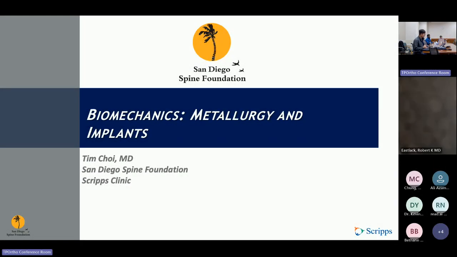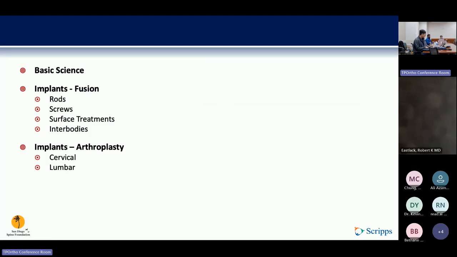Just going through these material properties and how they impact spine surgery, and integrating some basic science in terms of fusion and arthroplasty. So this is the outline for our talk today: biomechanics, material sciences, and then break it down into two major sections with fusions, including rods, screws, cages, and talking about surface coatings.